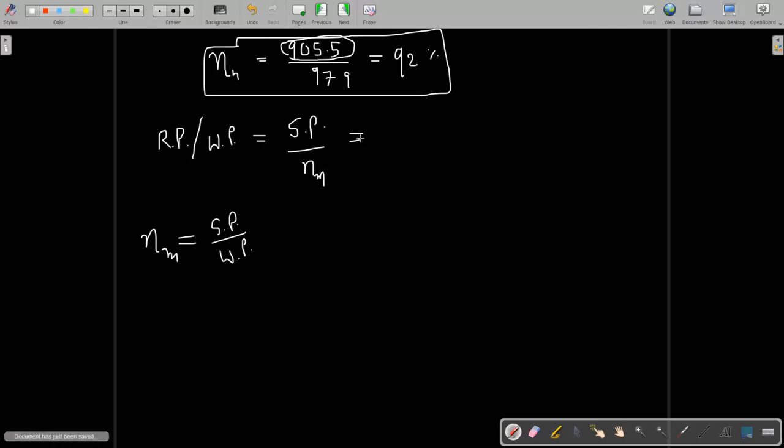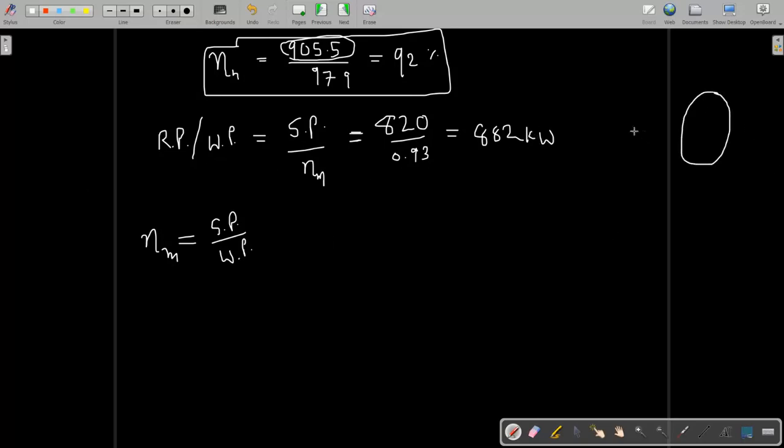Okay, so here shaft power is 820 kilowatt divided by mechanical efficiency, which is 0.93, 93%. So you can easily write this is 882 kilowatt. It is the power available at the periphery of this Pelton wheel, and from the nozzle the jet is striking over here.